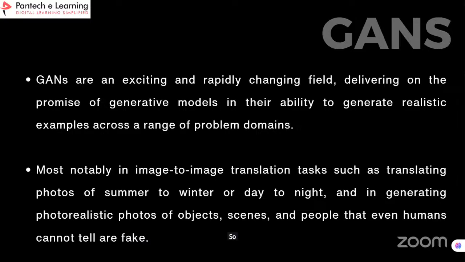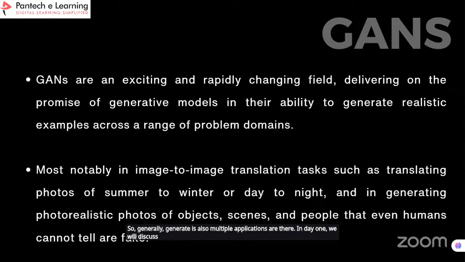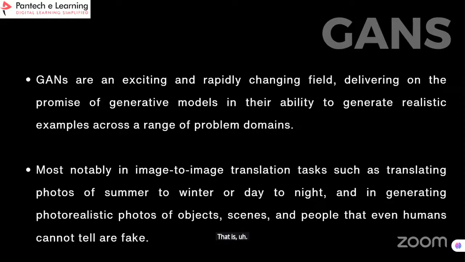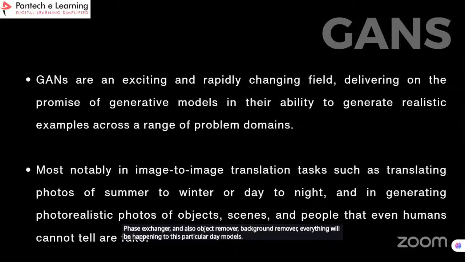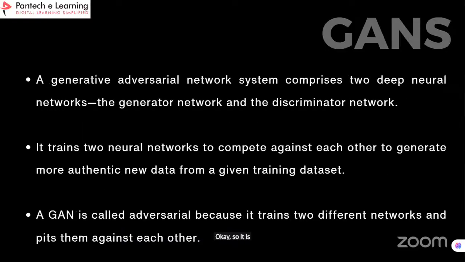Generative models have multiple applications, which we discussed on day one, such as converting one image into another. The face exchanger, object remover and background remover all happen with these image generative models. So this is one of the basic things in GANs.